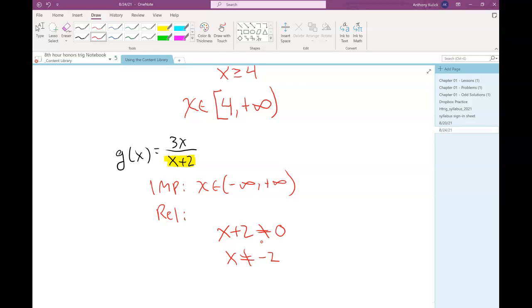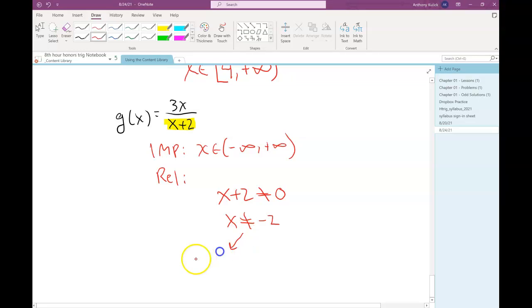So let me think about what x cannot equal -2 means. That means that x could be anything that's less than -2, or x could be anything that's greater than -2. Everybody agree with that? That means the same thing as x not equal to -2?